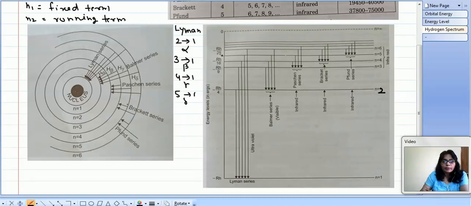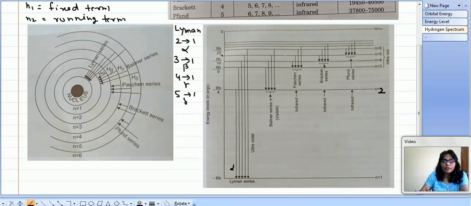So the same thing is given in this picture also. So there is transition from 2 to 1, then 3 to 1, then 4 to 1, 5 to 1, and 6 to 1. So all these are in the ultraviolet region, and this is Lyman series. So this first term is alpha, then this will be beta, then gamma, then delta, and so on.